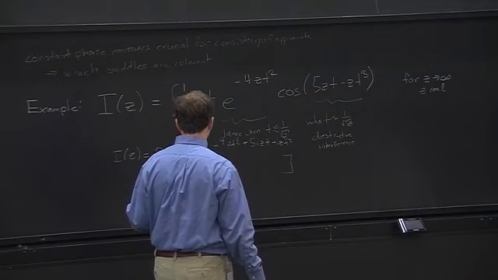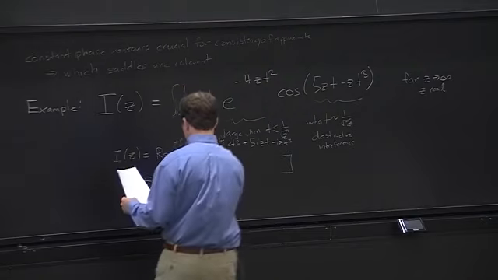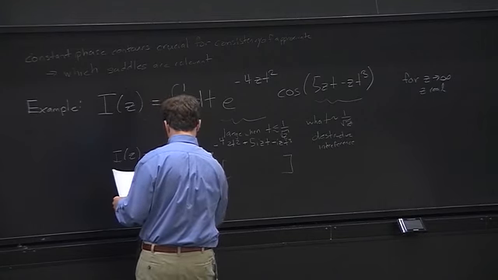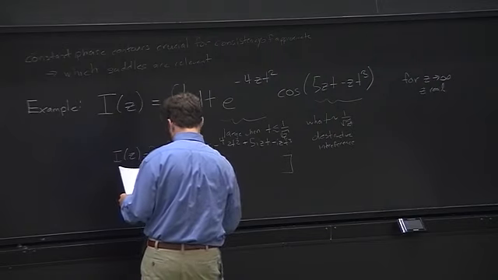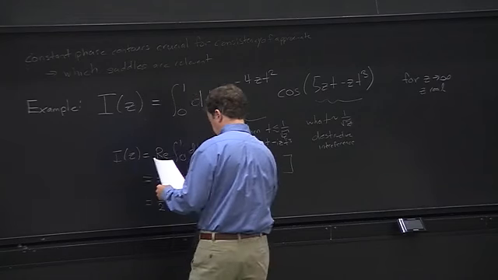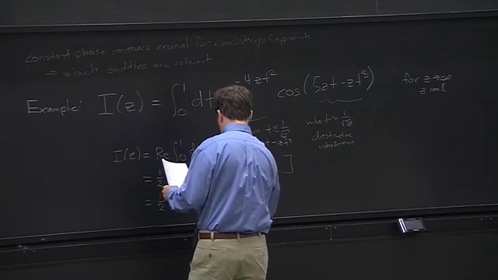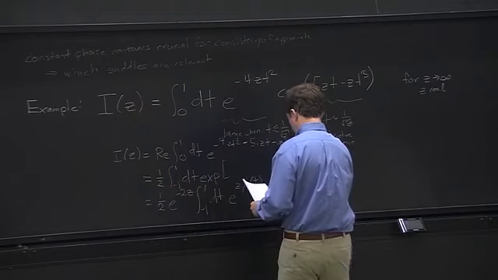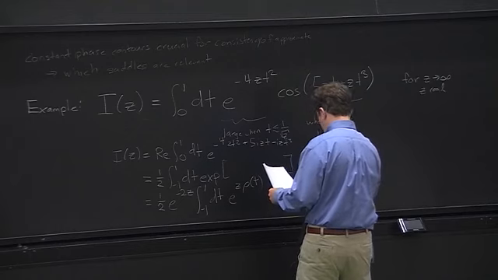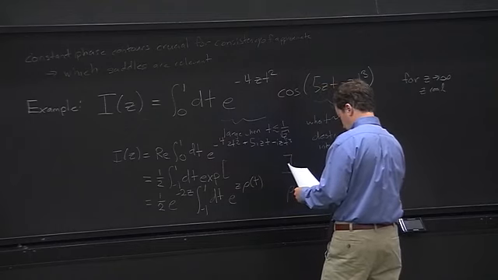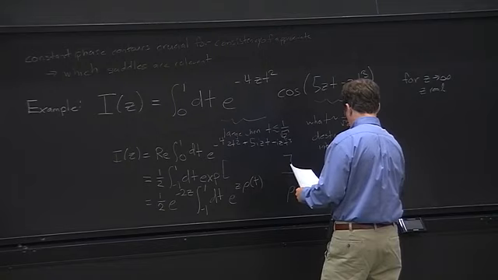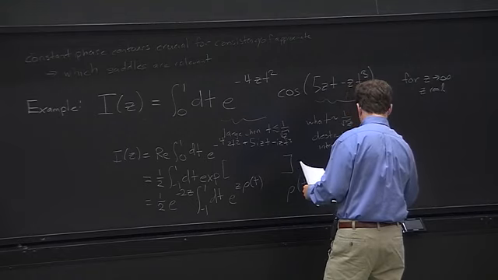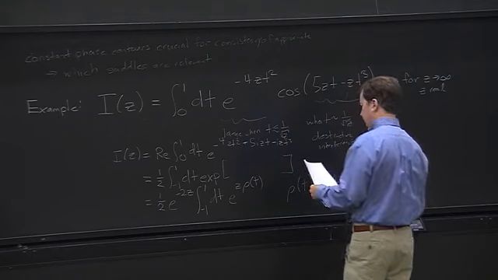And we can write this as 1/2 e to the minus 2z times the integral from minus 1 to 1 dt e to the z times rho of t, where rho of t is minus (t minus i) squared minus i (t minus i) cubed.